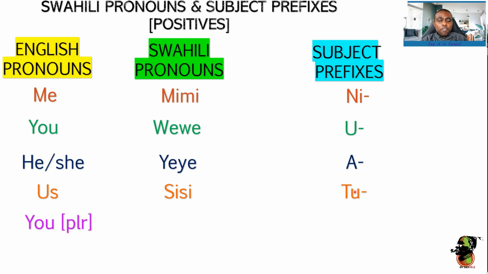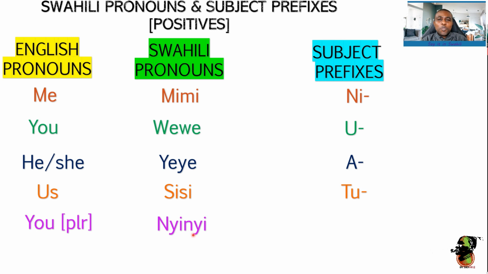Then you're going to have a look at the fifth person, which is the you plural. Remember the you here was you singular, and this is the you plural. The you plural in Kiswahili is nyinyi. Some of my students always say, you have to make sure that your face becomes a bit rough. Nyinyi.